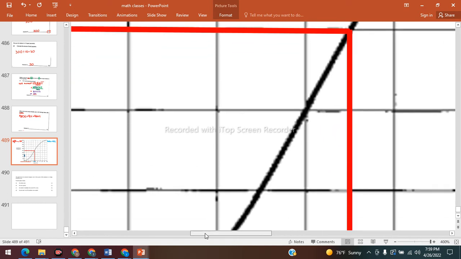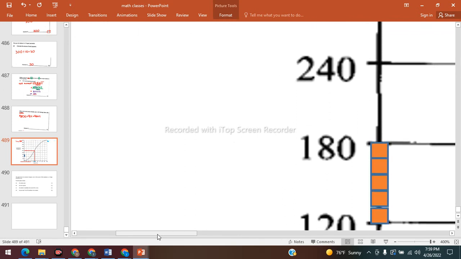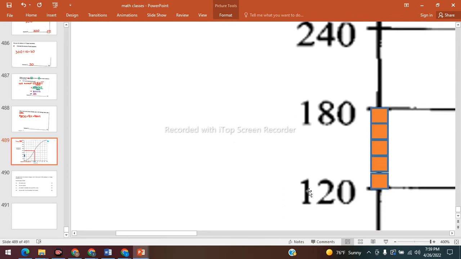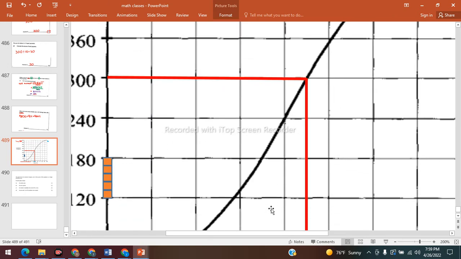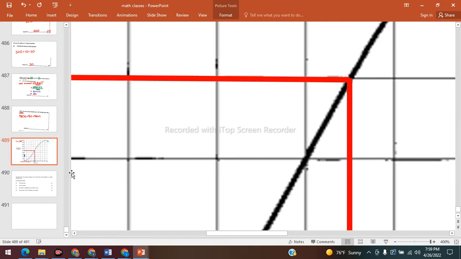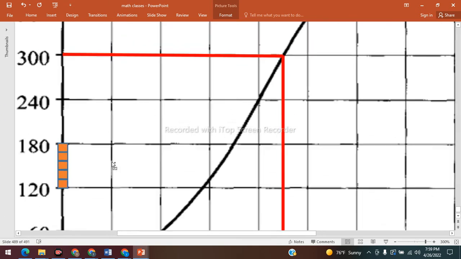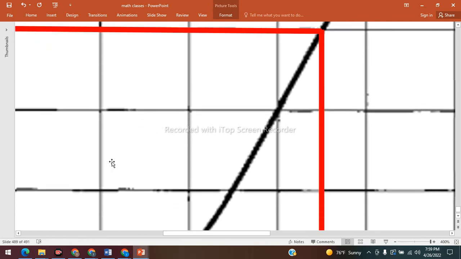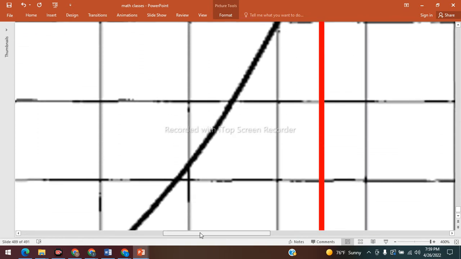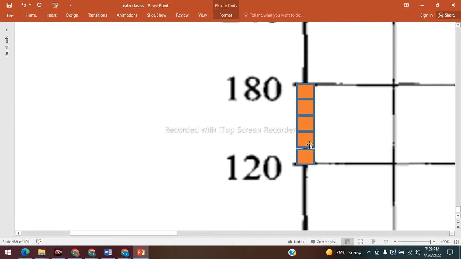So let's go back here. What we could do is move this to the side. What I'm trying to do is get the exact measurements on these. That's really too much.